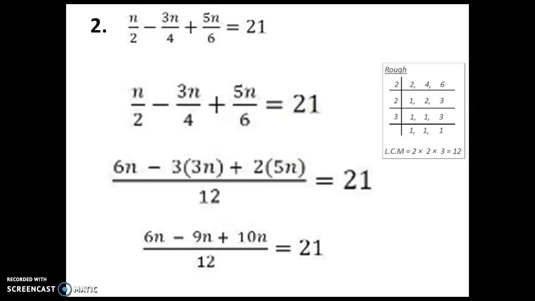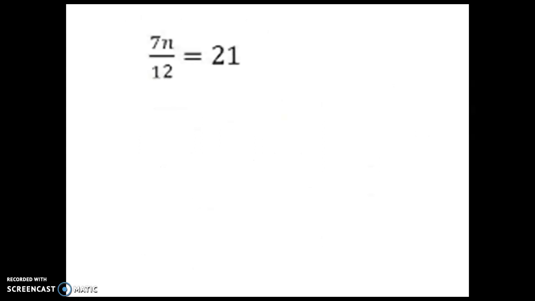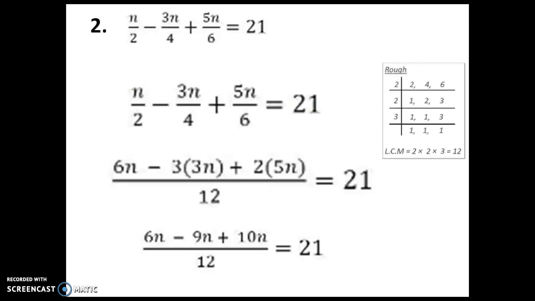Then we have 6n minus 9n plus 10n. If you calculate, you will get 7n by 12. 12 is already in the denominator. That 6n minus 9 and plus 10 was there, so you will get 7n.